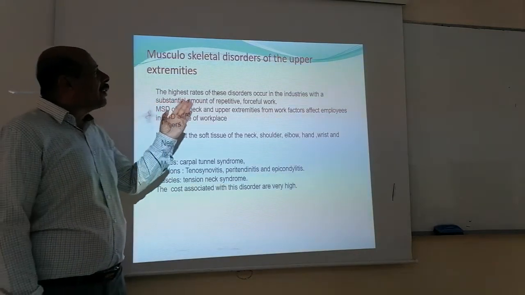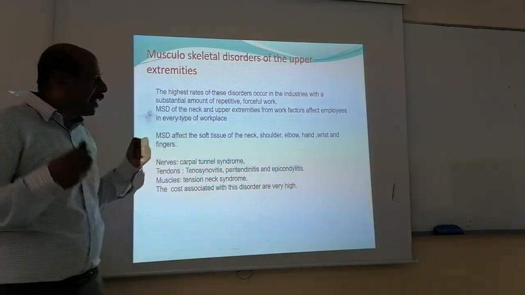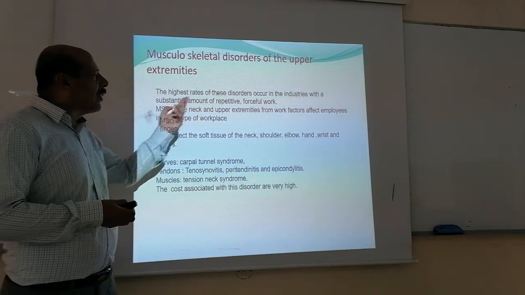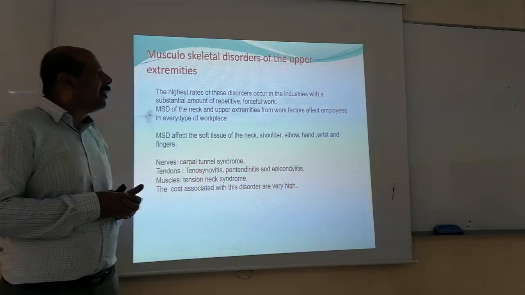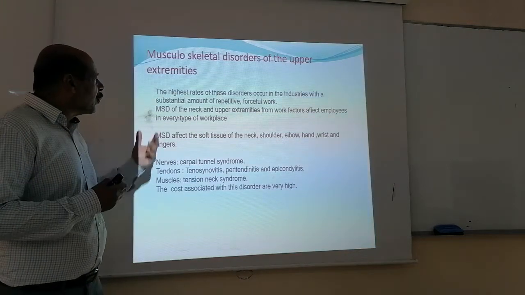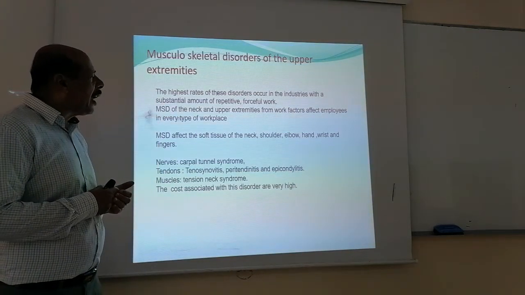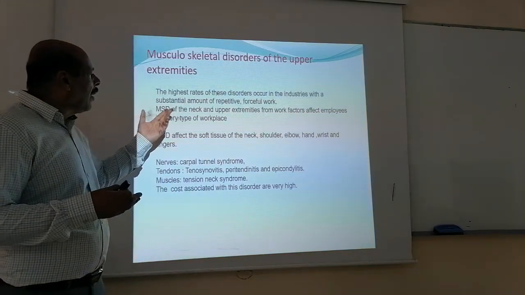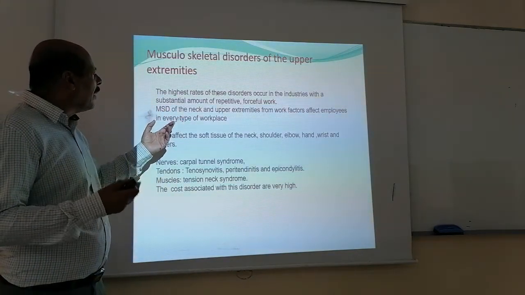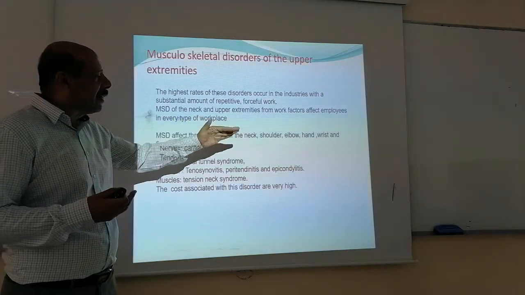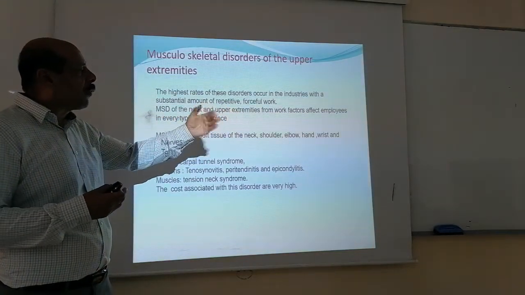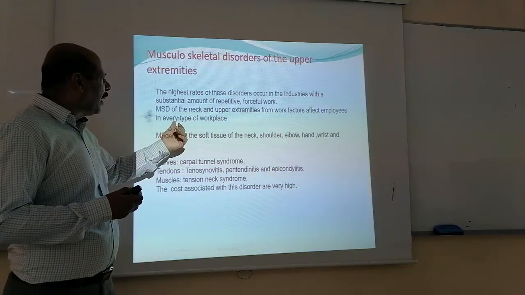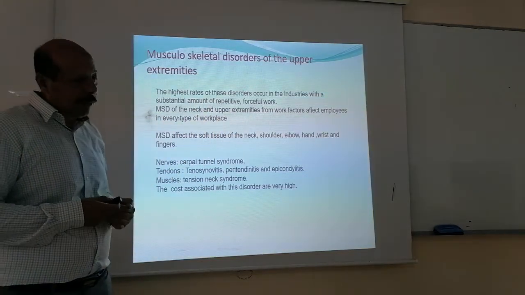Musculoskeletal disorders of the upper extremities. Here, the highest rate of this disorder occurs in industries with a substantial amount of repetitive forceful work, which happens at the neck and the upper extremities, from work factors affecting the employee in every type of workplace.